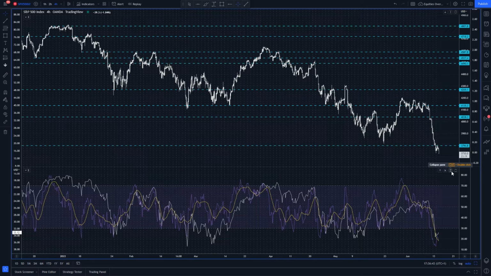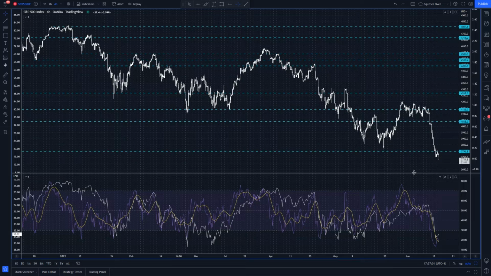Now, with all of that out of the way, there is another way that we can make this signal even more effective, and that is by knowing what the underlying risk sentiment is in the markets. For example, if we are in a medium-term bear market or a bull market, that will change what type of signals we'll be looking for in these patterns.